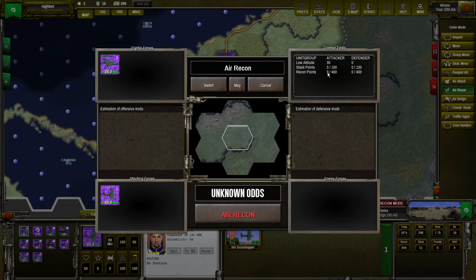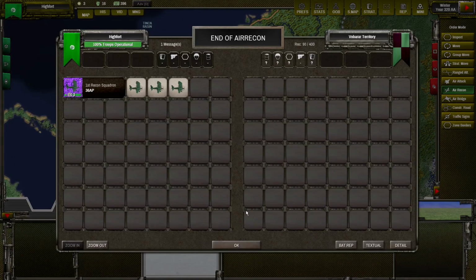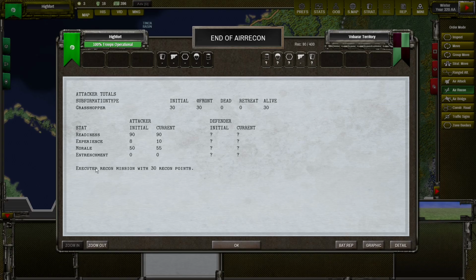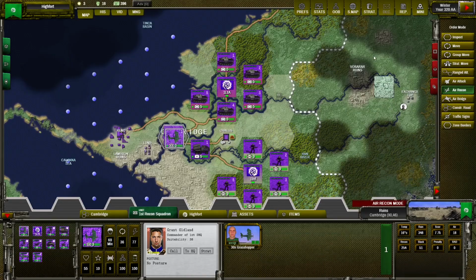You can see that we have 0 recon points in this hex from 400 possible. Birds are in the sky. There is a quick simulated battle, but we received 90 recon points in this hex. So you can see in the text information that we executed a recon mission with 30 recon points, but we have 3 subunits, so we received 90 recon points in that hex, but not only in that hex, but also in the nearby hexes.